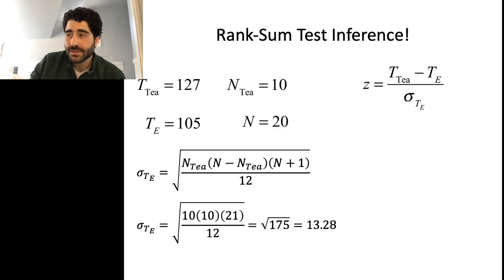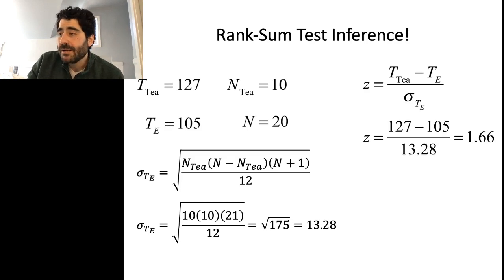So now we can compute our z-score, which is just asking how many standard errors away from the expected value is our observed value. Sorry, I keep saying mean. This is our null hypothesis of expected values, right? We're not actually computing means here. We can't compute means on this data. So our expected total was 105. Our observed total is 127, which is 1.66 standard errors away from what we expected.